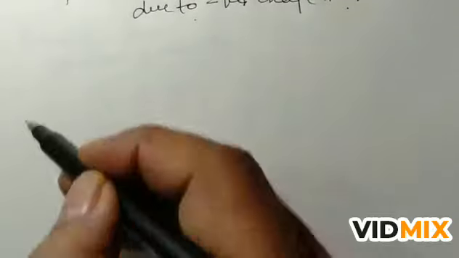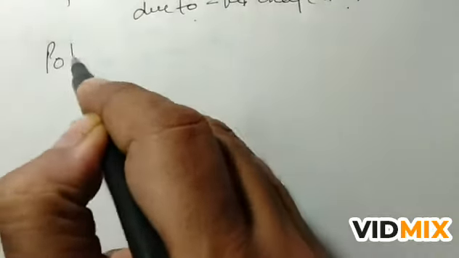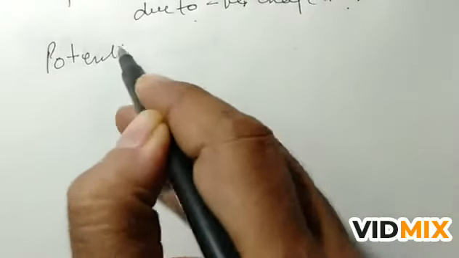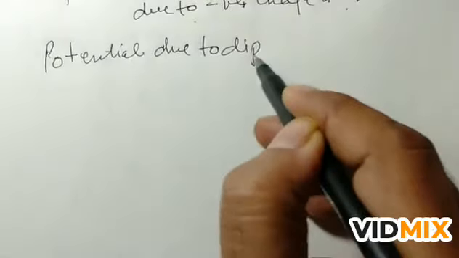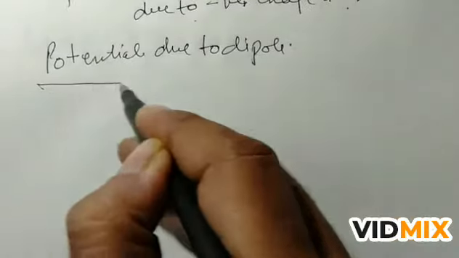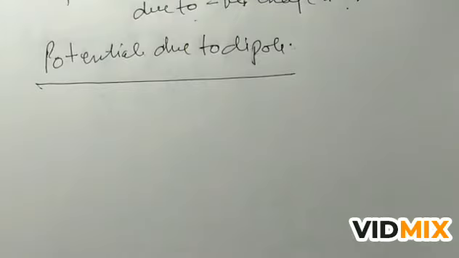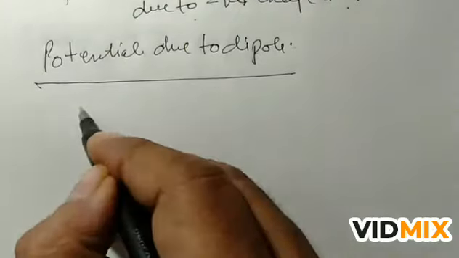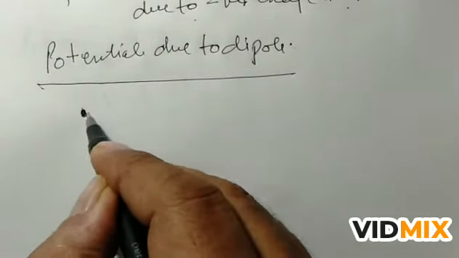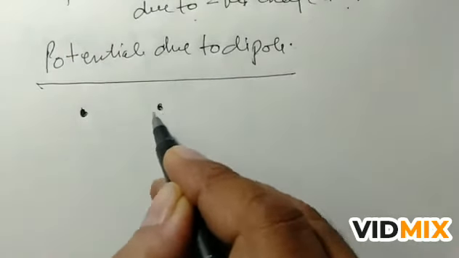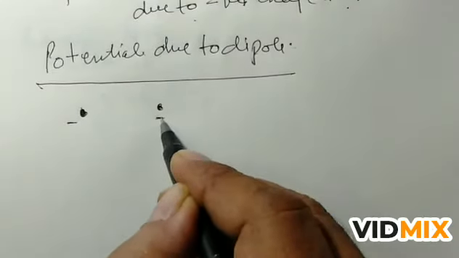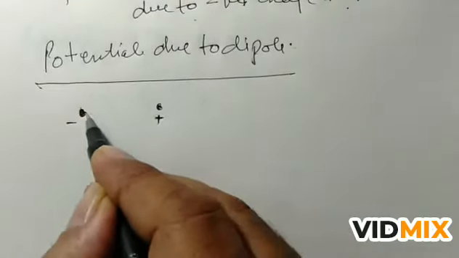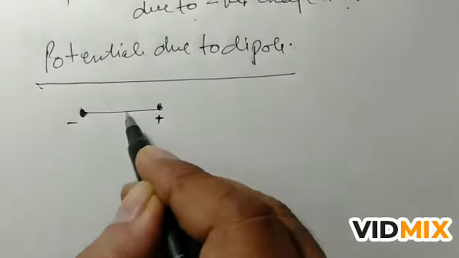Now what is the potential due to a dipole? Everyone knows what a dipole is. Two charges equal in magnitude, one negative and one positive, are kept at a small distance.